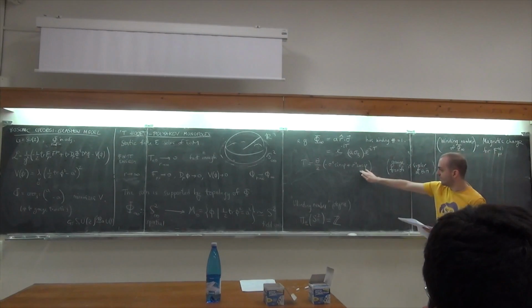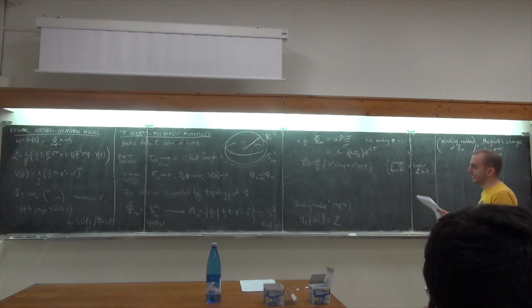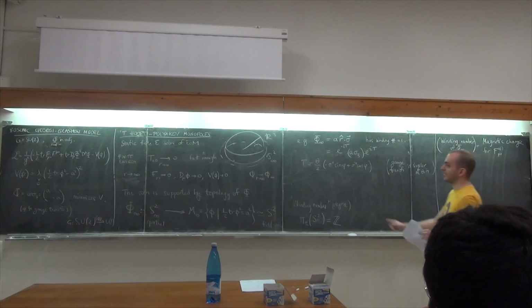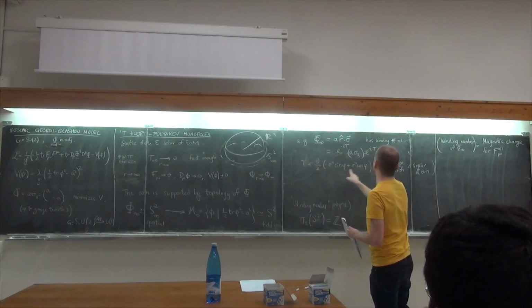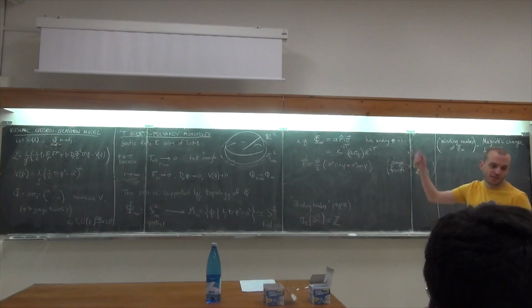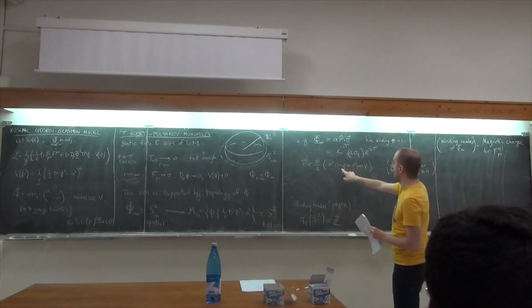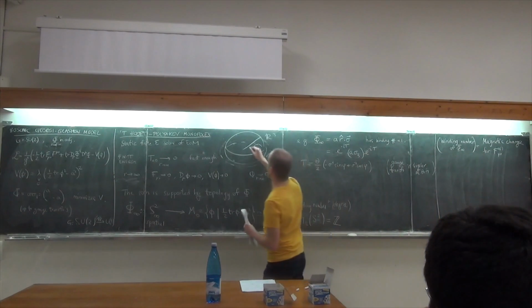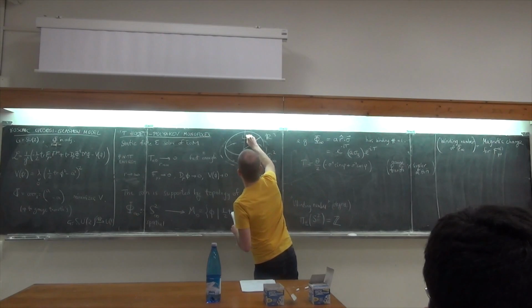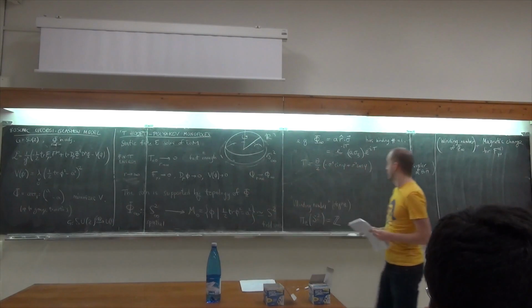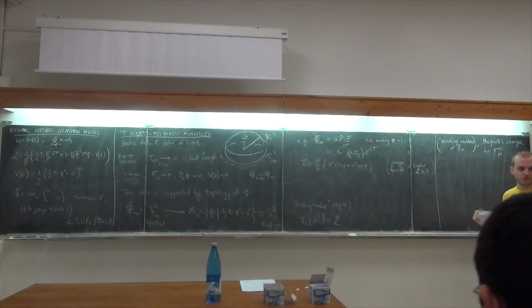But the gauge transformation goes like this, okay? And in particular, I'm using spherical coordinates theta, phi, and so on, which are not well defined at the North Pole and the South Pole. So phi is not well defined at the North Pole and the South Pole because phi rotates. So you have to look at what happens there.